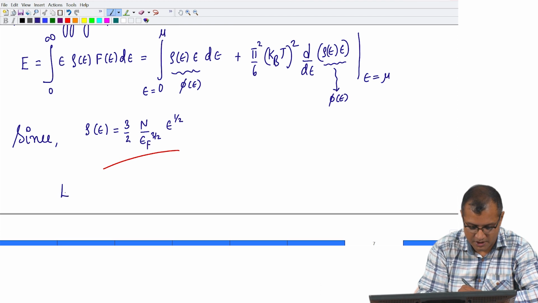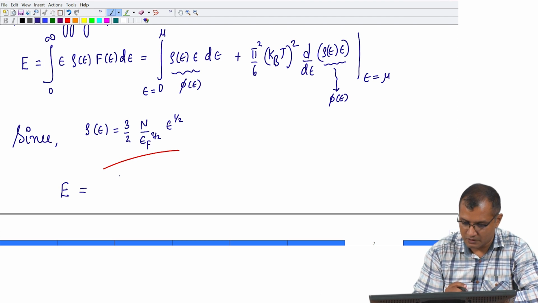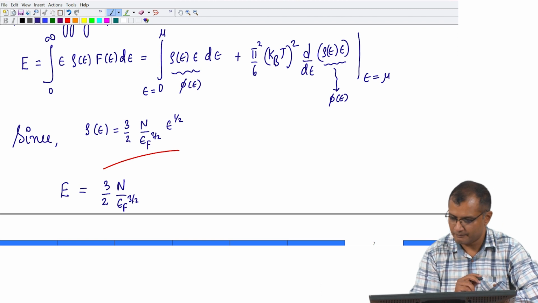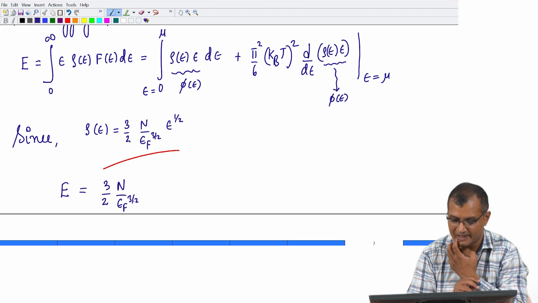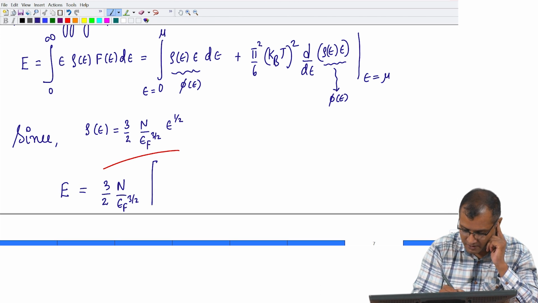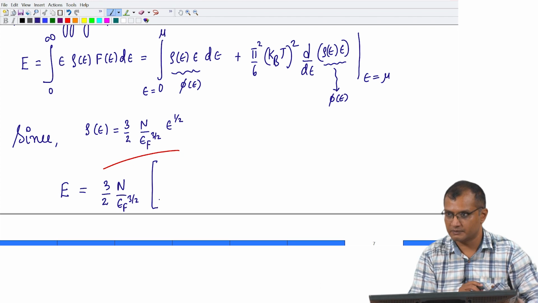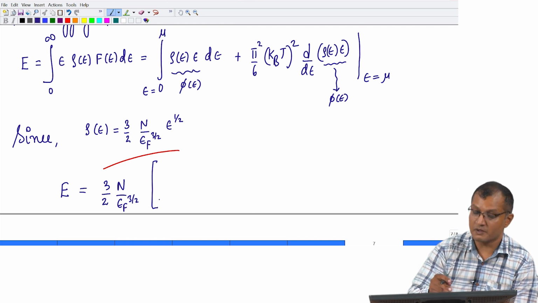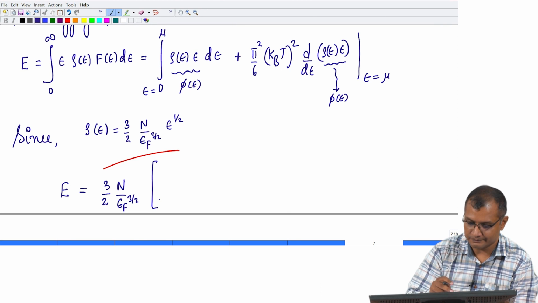So, my energy E would be nothing but I can take 3 by 2 into n over Ef to the power 3 half, and I believe the same will come out from the second term also. So, I am going to keep it outside the big bracket, and this would be an integral of e raised to 3 by 2, because there is already an E outside.